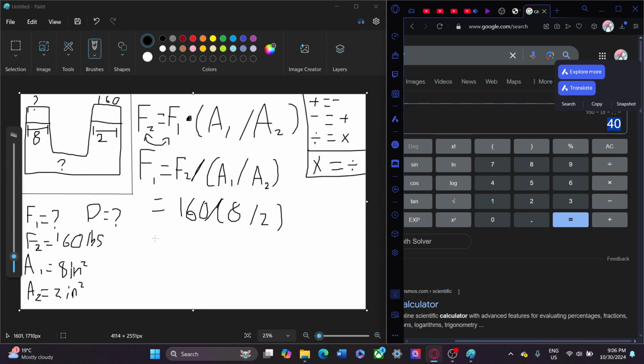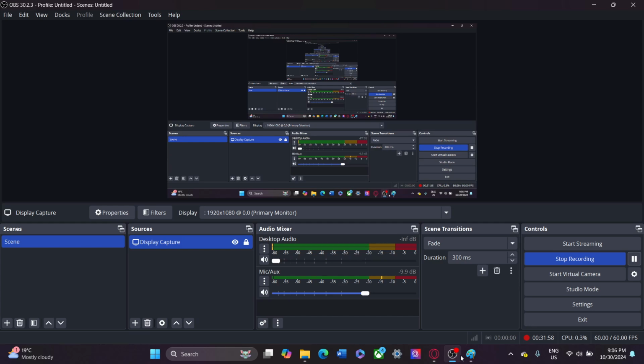So that means that F1 also equals 40 pounds. Okay? So now how much time has this been? 31 minutes, damn.